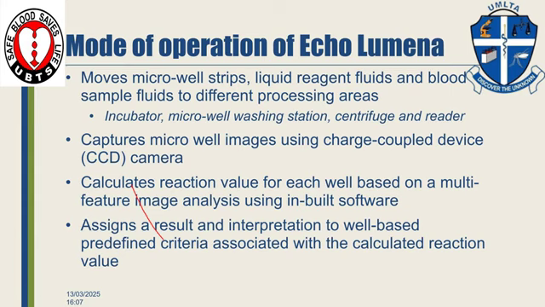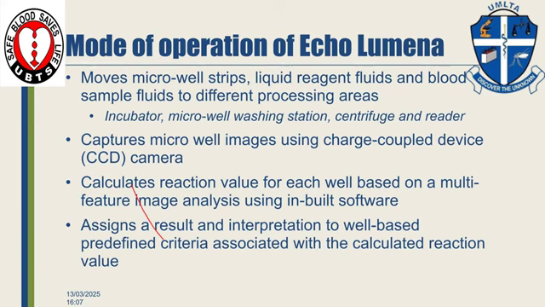It also calculates the value for each well based on multi-tier image analysis using inbuilt software. Now, it assigns a result and interpretation to each well based on predefined criteria associated with the calculated reaction. So all the process is done in an automated system.